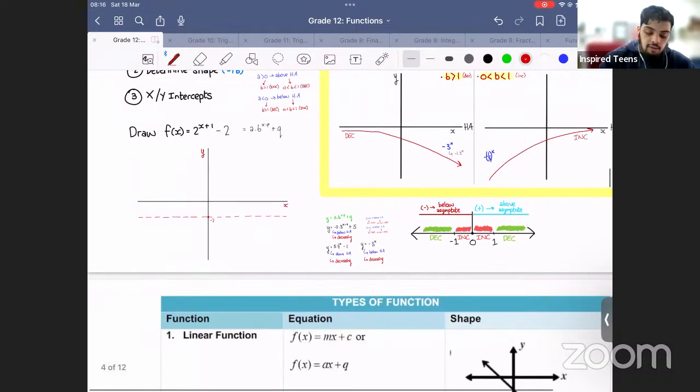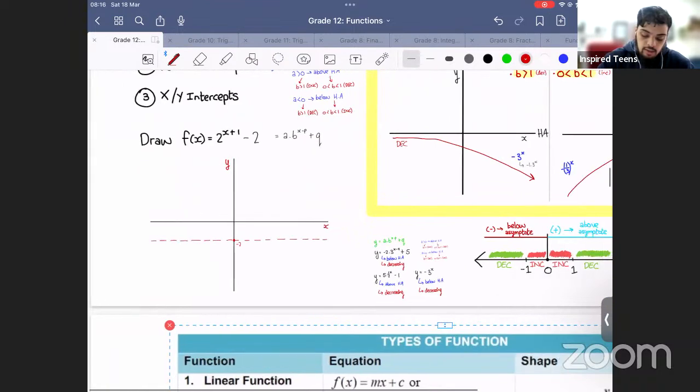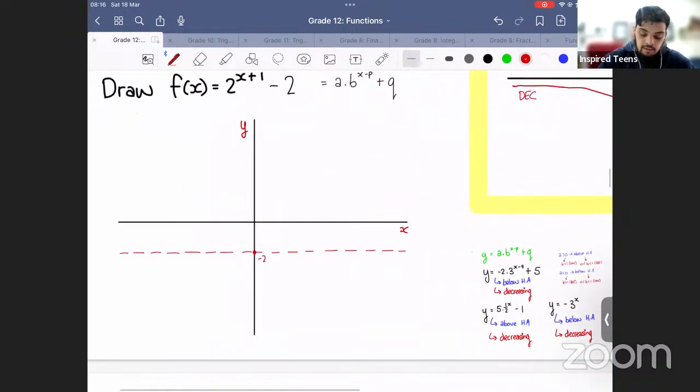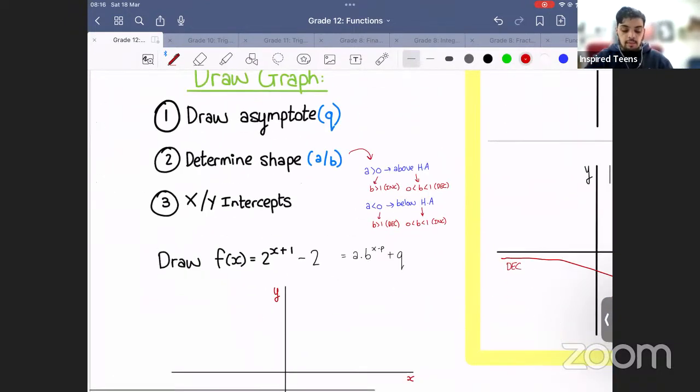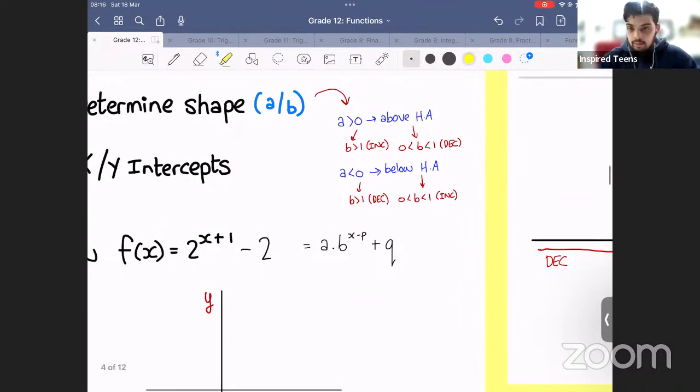Let's draw our graph. We said that we need to draw our vertical asymptote, which in this case is -2, which we've drawn. Now we need to determine our shape. Okay, let's go back to this one.